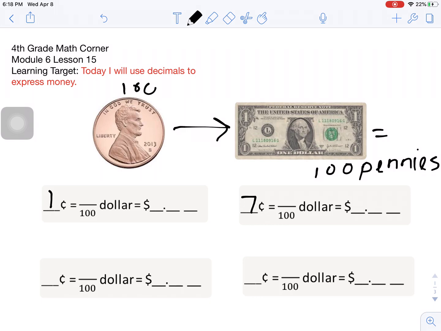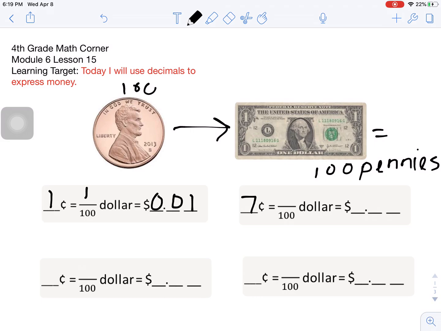So that means that it's kind of like hundredths, the hundredths place. If we wanted to put these as one of our place value markers or tools, we would put pennies in the hundredths place. So 1 cent or 1 penny is 1 out of the 100 pennies it would take to make $1. If I wanted to write this as a decimal, I would say no dollars. And it's 1/100th, so no tenths and 1/100th.